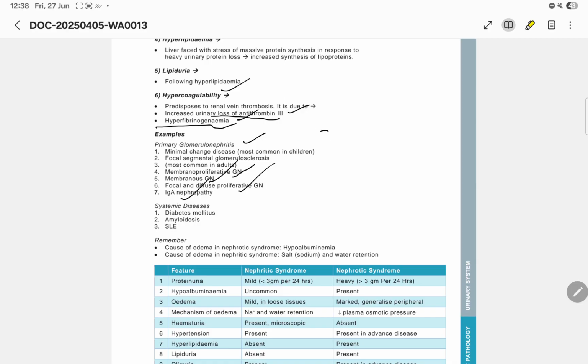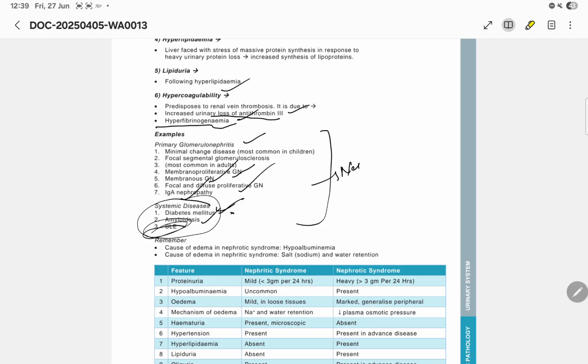It can also be seen in membranoproliferative glomerulonephritis. In systemic diseases, we can see diabetes mellitus, amyloidosis, and SLE. It is common for both nephrotic and nephritic syndrome.